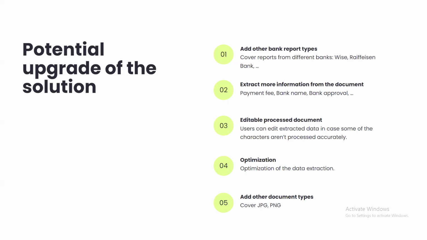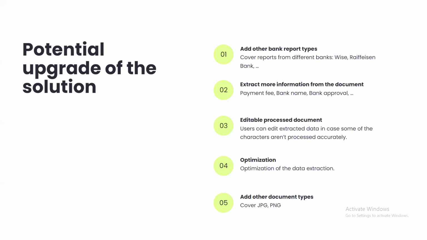In our case, we saw that all of the fields are extracted accurately. However, there could be cases where some characters are interpreted differently. For example, for 7 we see 1 extracted, or some characters may be missing. In that case, users could be allowed to edit extracted data and have the accurate output from the report.